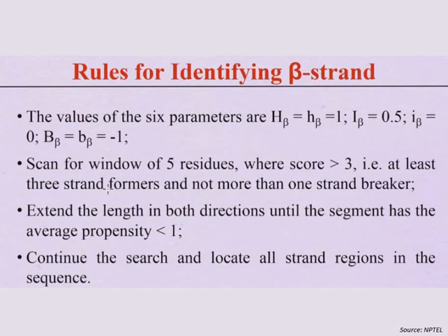So at least 3 strand formers have to be there and not more than 1 strand breaker residue. And you extend the length in both directions once you find this nucleation site, until the segment has an average propensity of less than 1. And continue the search and locate all the strands in the sequence.